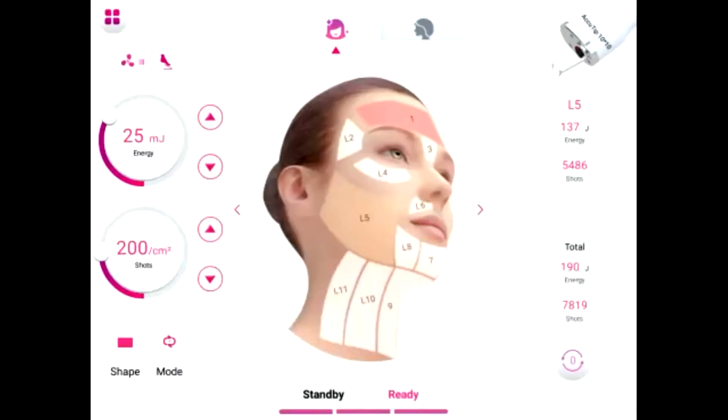For the part we have already done, we set the same parameters for the next part.